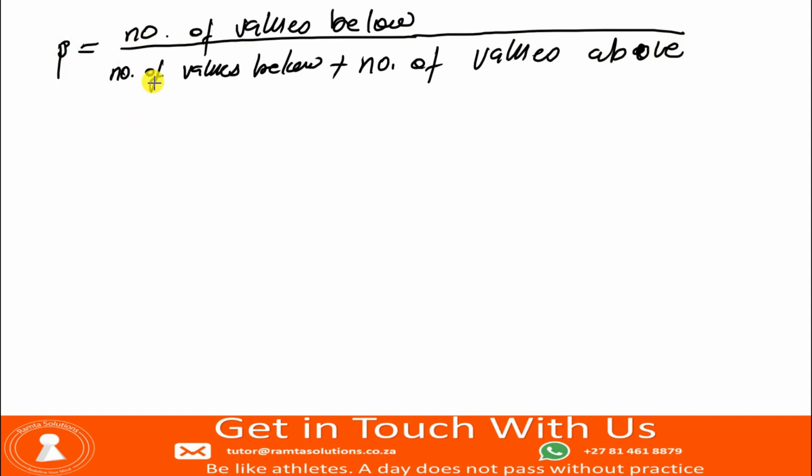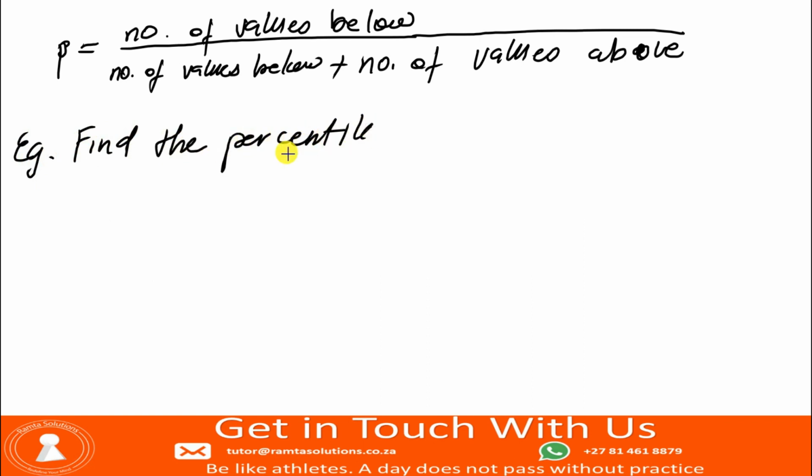So let me give you an example of why this one is a perfect one. Let's sort out our data. Let's say, find the percentile of 13.0 in the following data.